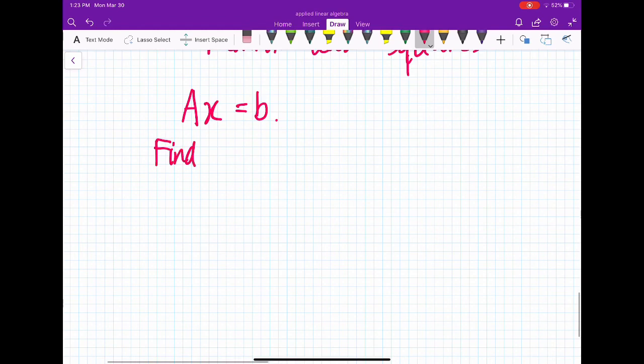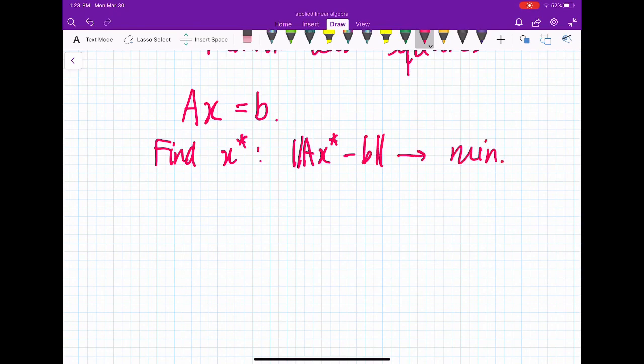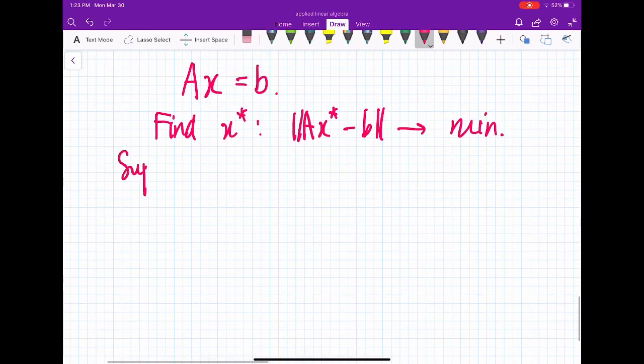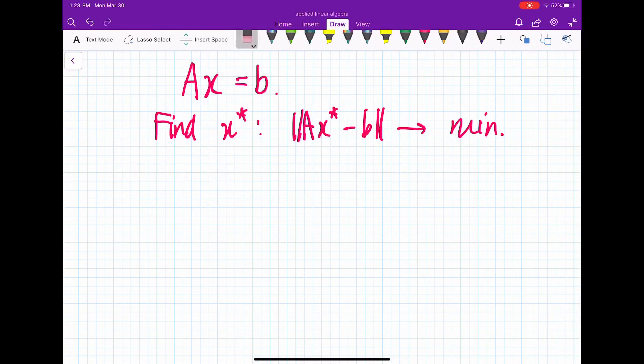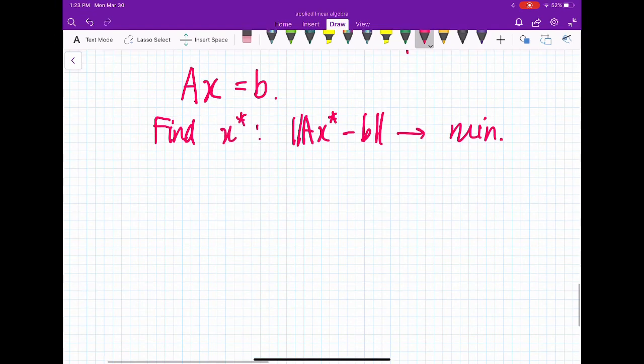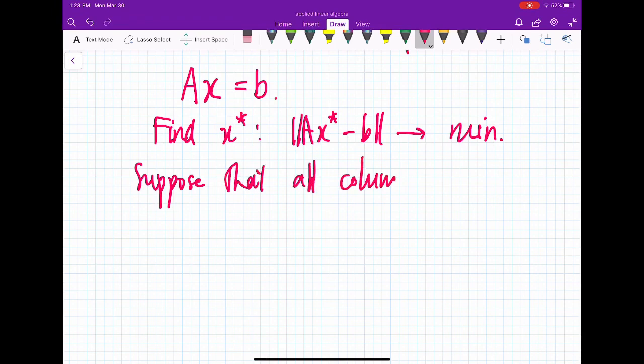We need to find an X star such that AX star minus B has the minimum norm, right? And we suppose that all columns of A are linearly independent.